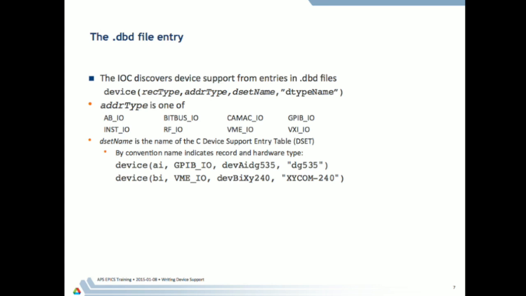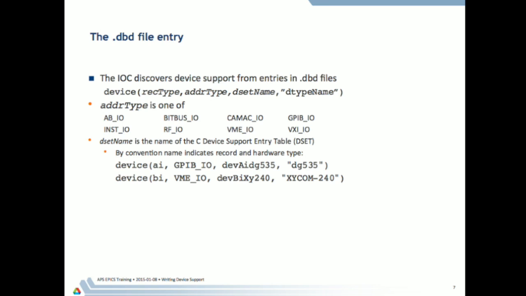The dset name, as I said, is the name of the device support entry table found in the driver code, and by convention, this is a global symbol, so you can't just say my dset and expect it to not clash with somebody else's my dset. So the convention that we tend to use is to include the record type name and the hardware type.